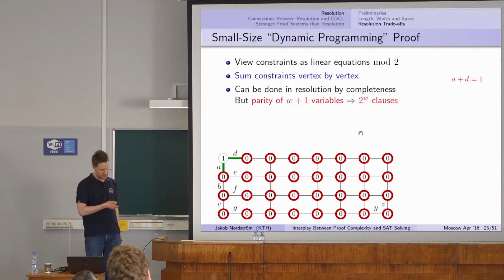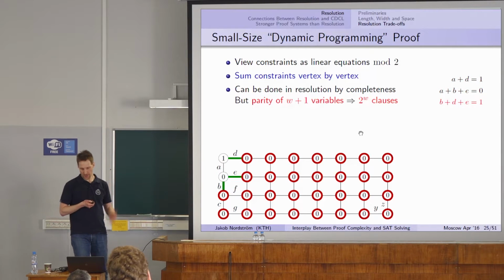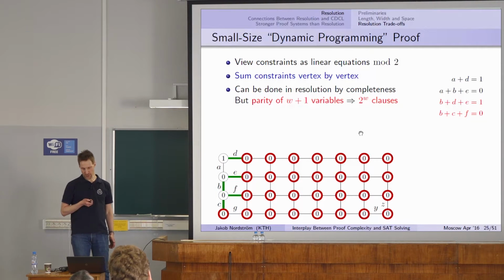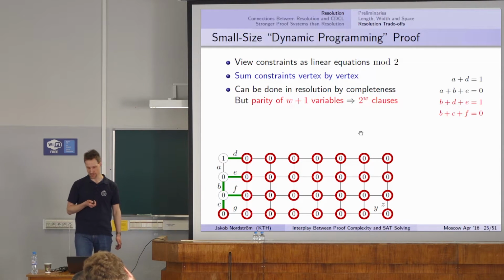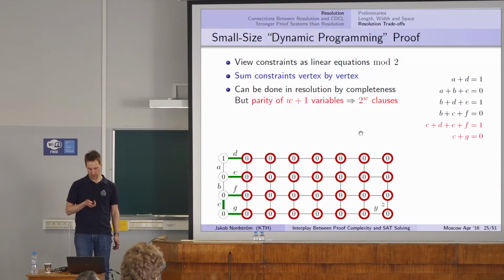It says that A plus D is 1, and then you sum with A plus B plus E being 0, summing them up mod 2, and you get B plus D plus E equals 0. Then you take the next vertex, which is B plus C plus F equals 0. You sum again, and you get that C plus D plus E plus F should be 1, and on you go.